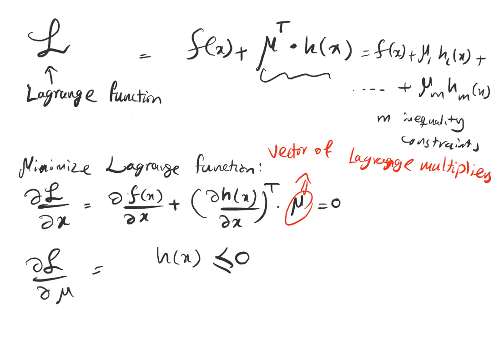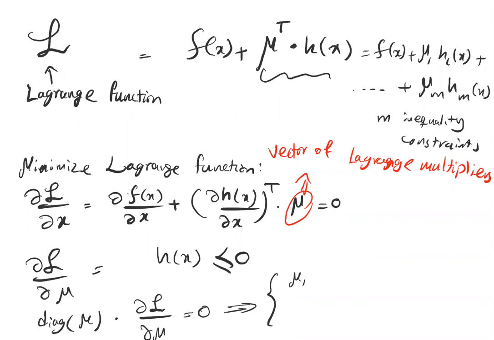We also have an additional condition, which is the diagonal matrix mu multiplied by the derivative of the Lagrange function with respect to mu should be 0. And if I want to expand this, this is nothing but mu1 multiplied by the first inequality constraint should be 0, mu2 multiplied by the second inequality constraint should be 0, and mu m multiplied by the m-th inequality constraint should be 0.